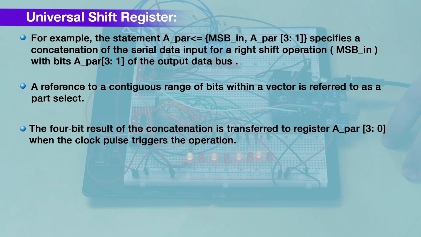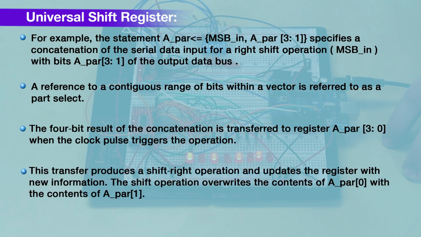When the clock pulse triggers the operation, this transfer produces a shift operation and updates the register with new information. The shift operation overrides the content of A parallel 0 with the content of A parallel 1.